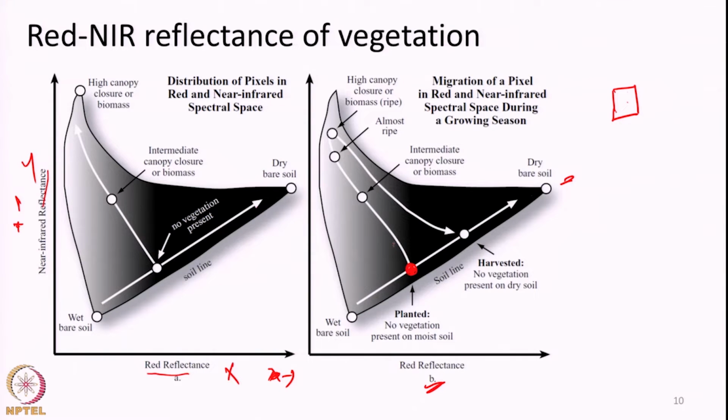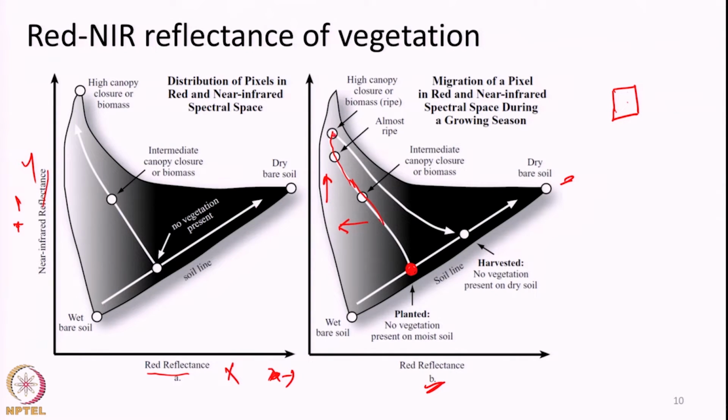Okay. So, now the vegetation begins to sprout and begins to grow. When that happens, as vegetation grows, the reflectance in red will go down because of the strong absorption of red by the chlorophyll pigment. On the other hand, reflectance in NIR will increase. So, this particular point may move something like this along this particular curved line, that is decreasing red reflectance, increasing NIR reflectance.